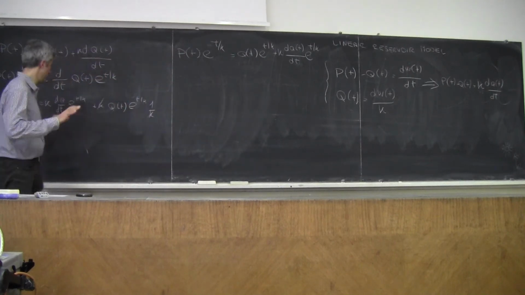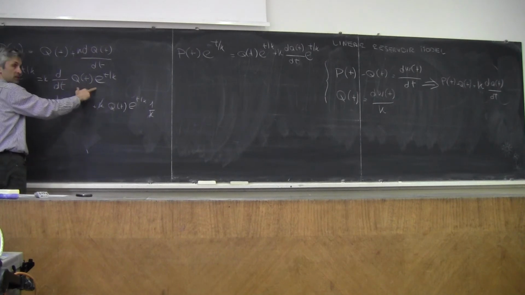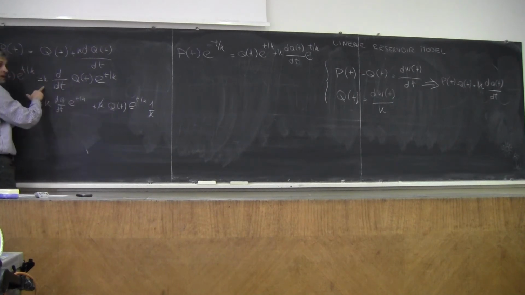So we proved that indeed the right-hand side can be written as the derivative of Qt times e to the power of t over k multiplied by k. Is this fine?